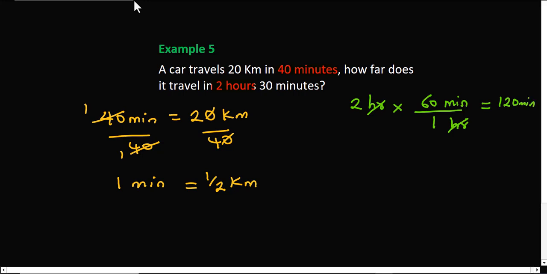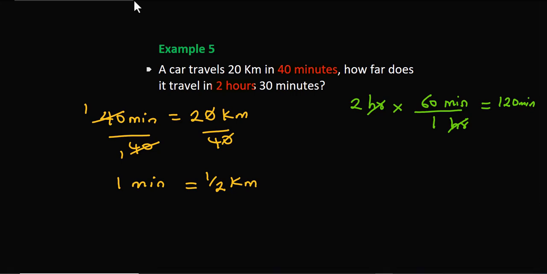So we have 120 minutes plus 30, so we have a total of 150 minutes. That's the total of what we have here. So they are asking us how far does the car travel in 150 minutes, because I converted to minutes now. So what we'll simply do, we are going to multiply both sides of this by 150.